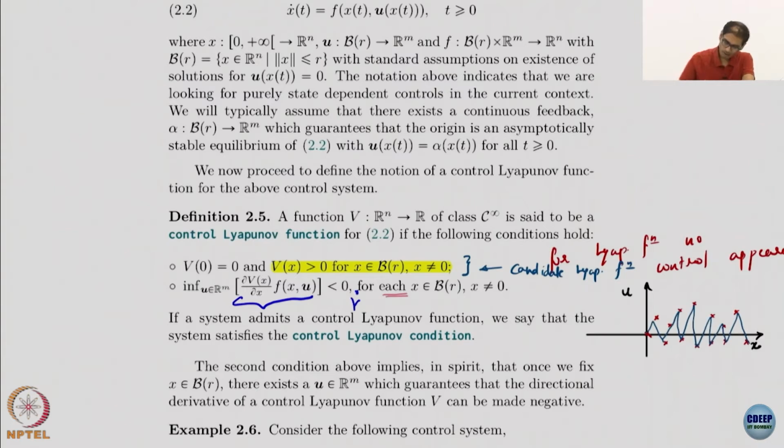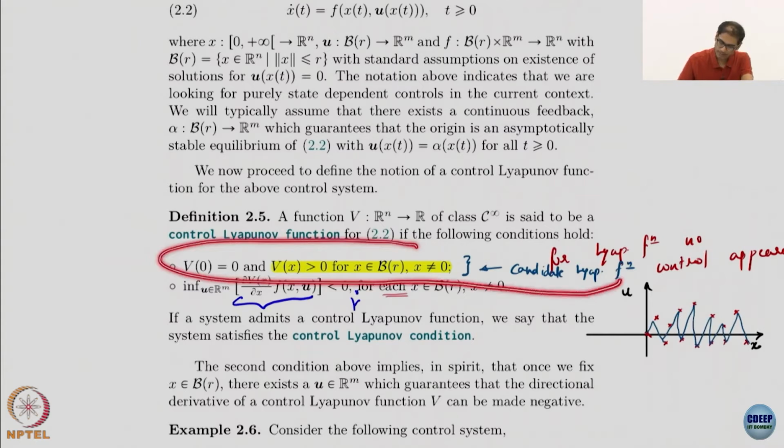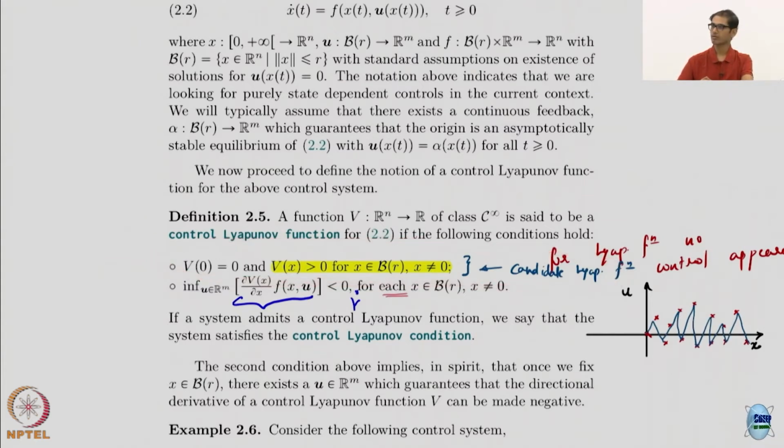But we start by saying that it is positive definite. This is just the positive definiteness assumption, the locally positive definite function, or LPDF, whatever we've been calling it. In fact, the first statement is what makes it a candidate Lyapunov function also. So even for the control Lyapunov function, the first requirement is that it's a candidate Lyapunov function.